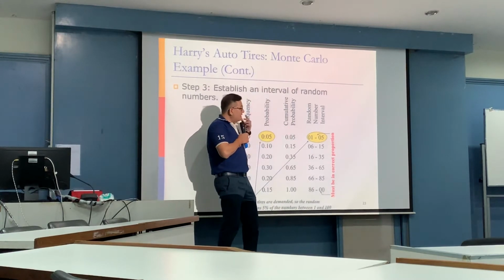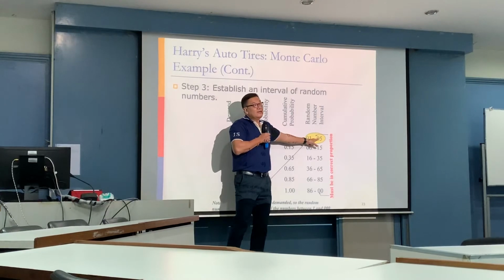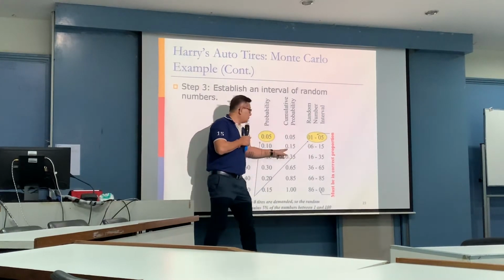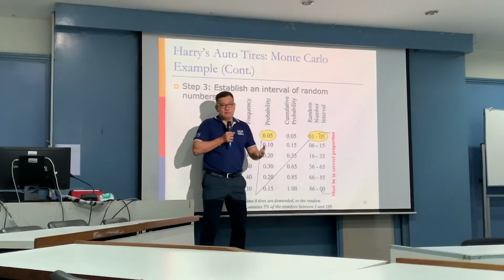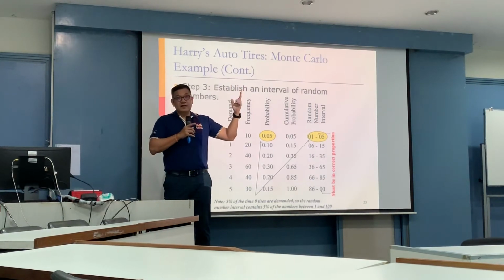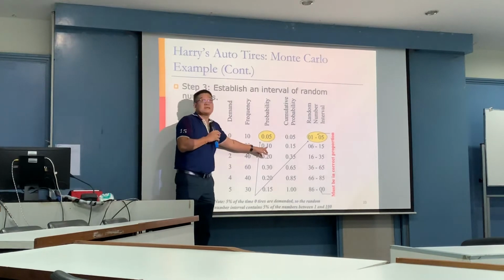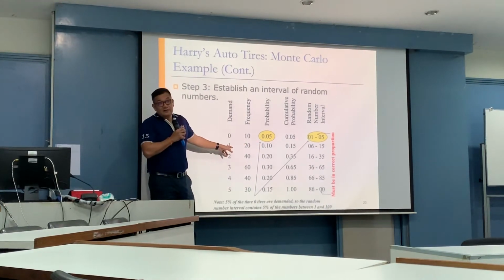So for the next level, the previous one stops at 05, and the next level continues, starting with 06. 06 to what? To 0.15, right? So 15. 06 to 15 is 10 numbers: 06, 07, 08, 09, 10, 11, 12, 13, 14, 15. 10 numbers is 10%, that is demand equal to 1, right? We do the same way.